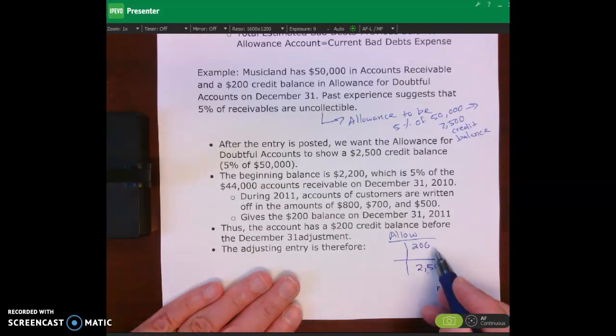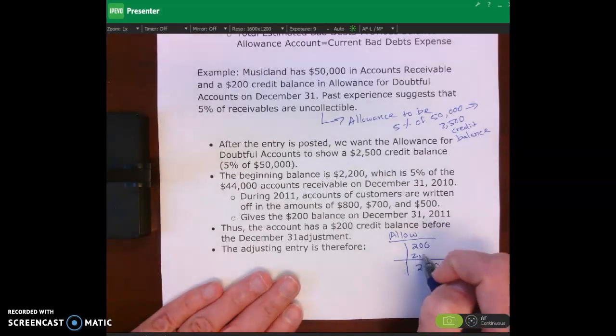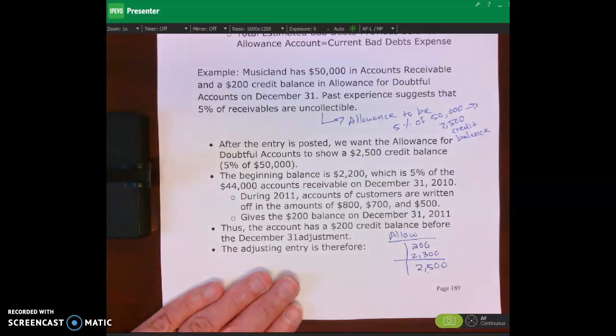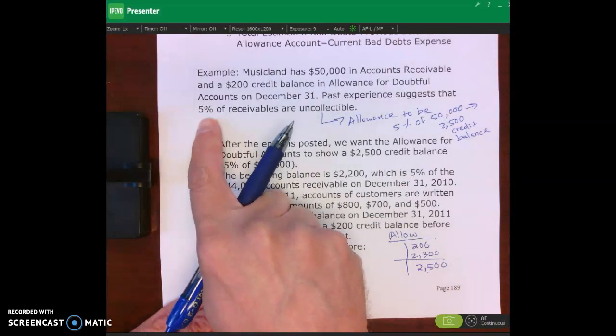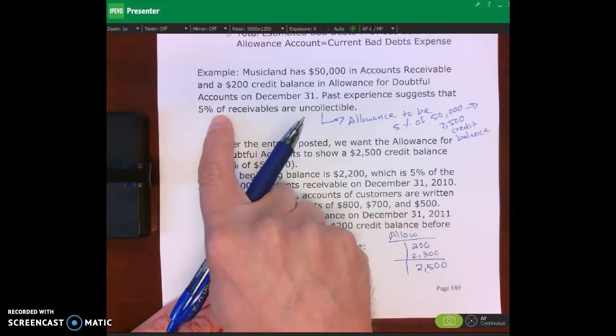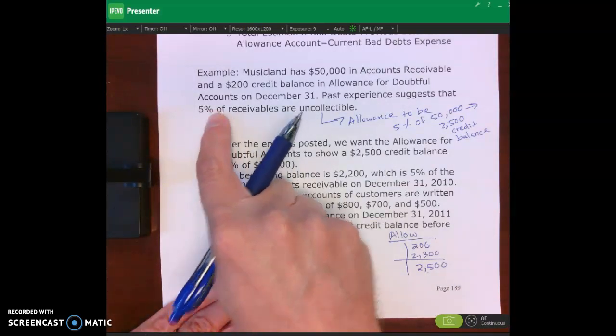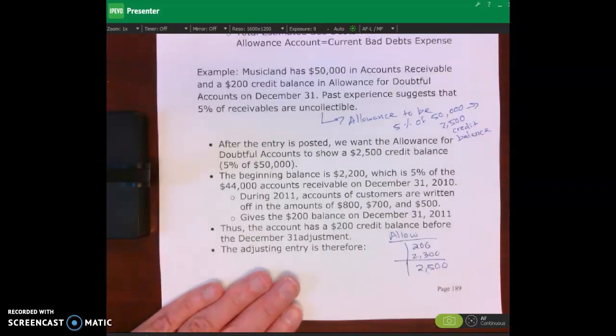So how much do I need to increase it by? $2,300. Okay, so my journal entry would be debit bad debts expense, credit the allowance for doubtful accounts for $2,300, not $2,500, because if you make it $2,500, what's the ending balance? $2,700. But what we want is that after we do this journal entry, we want the allowance for doubtful accounts to be 5% of the $50,000 or $2,500. That's what we want the allowance to be.